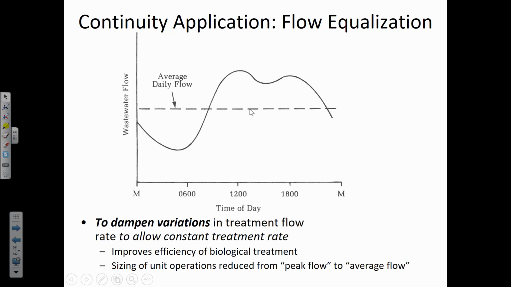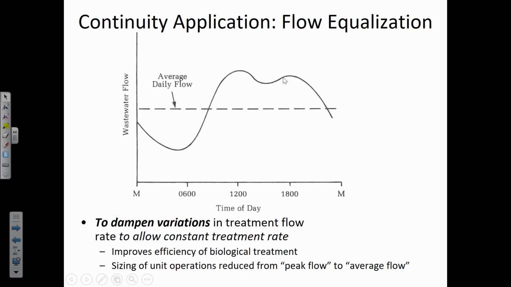So flow equalization basins are used in a lot of cases to dampen that temporal distribution. Temporal distribution just means the characterization of when things happen over time. You can see this temporal distribution is saying that wastewater comes to the treatment plant at lower flow rates at night than those flow rates are coming to the plant during the day.